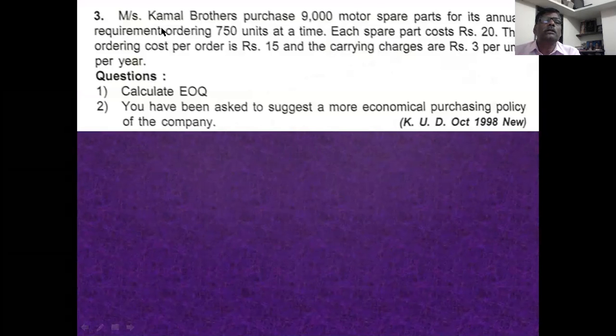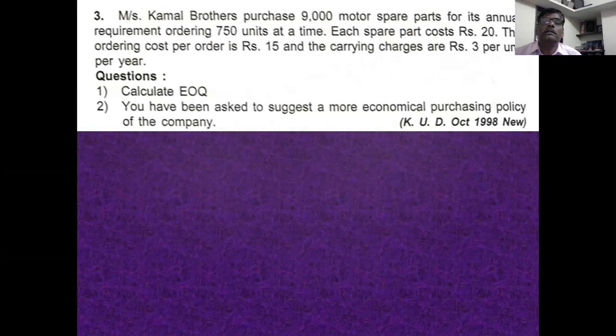The third case study is regarding the EOQ. Mr. Kamal Brothers purchased spare parts for its annual requirement. Annual requirement of that Motors Limited is, sorry, 9,000 spare parts, annually.